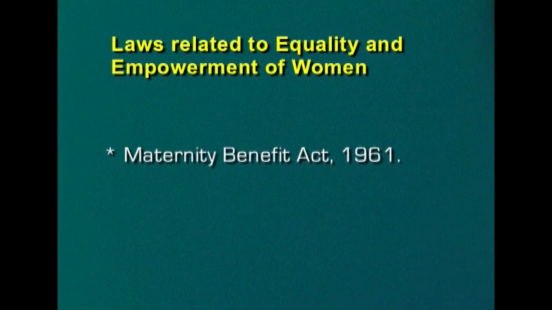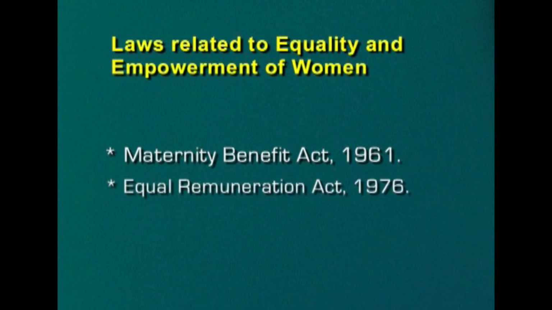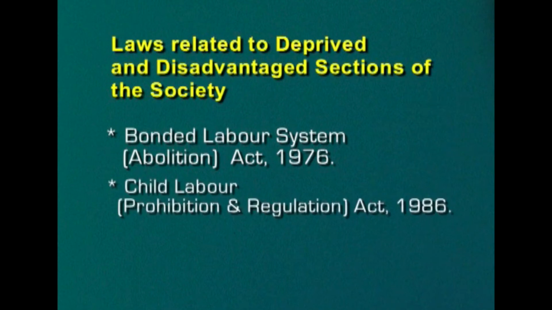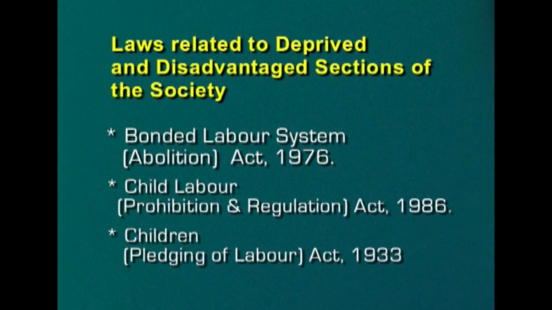The next group belongs to laws related to equality and empowerment of women, such as Maternity Benefits Act 1961, Equal Remuneration Act 1976. Laws related to deprived and disadvantaged sections of society such as Bonded Labour System Abolishment Act 1976, Child Labour Prohibition and Regulation Act 1986, Children Pledging of Labour Act 1933.